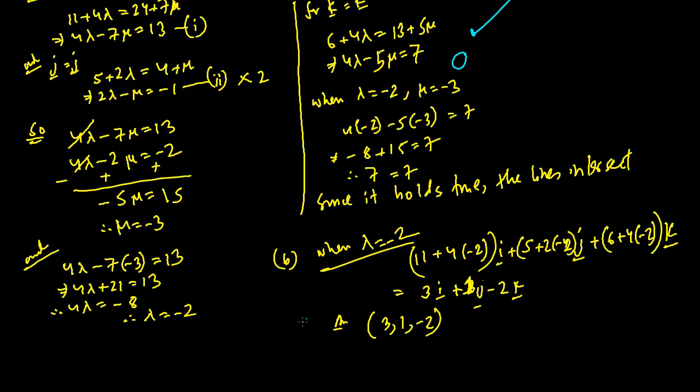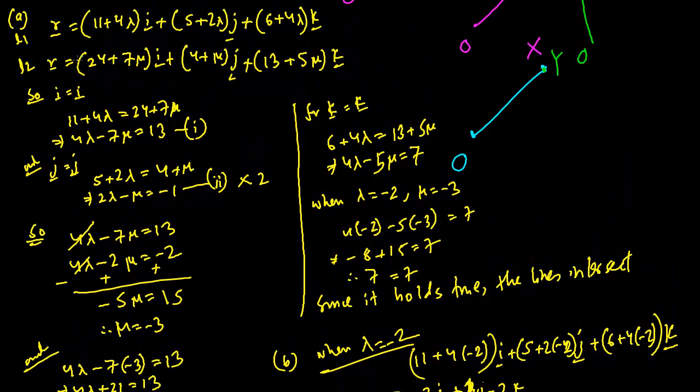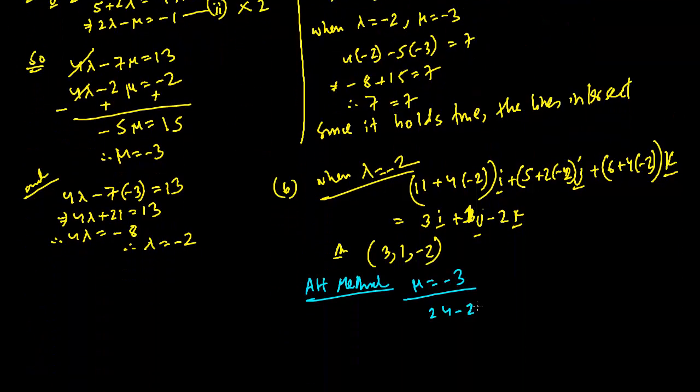Now let's check with the alternate method. So the alternate method would be putting mu equals to minus 3. Let's check whether it works or not. So if we put mu equals to minus 3, it would be 24 minus 7 into minus 3 is 21. So 24 minus 21i plus.